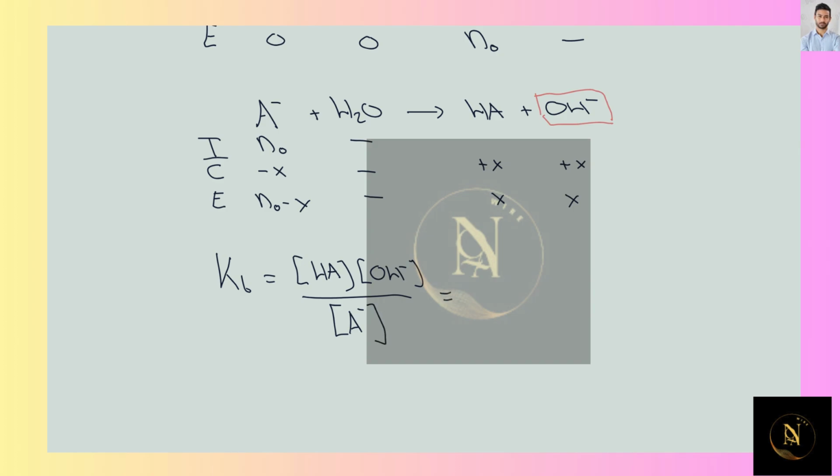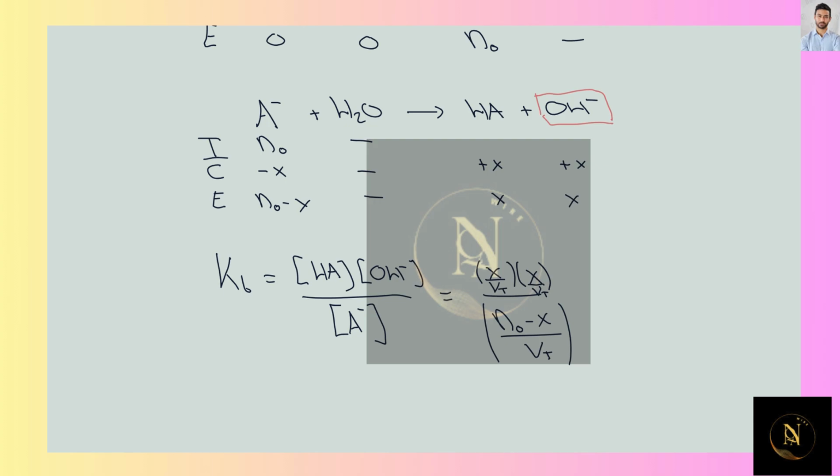If we replace the values that we find here, this becomes x times x divided by N0 minus x, and all of them need to be divided by the total volume in order to get the proper concentrations. So you are going to need to solve for this equation. This becomes a quadratic expression.